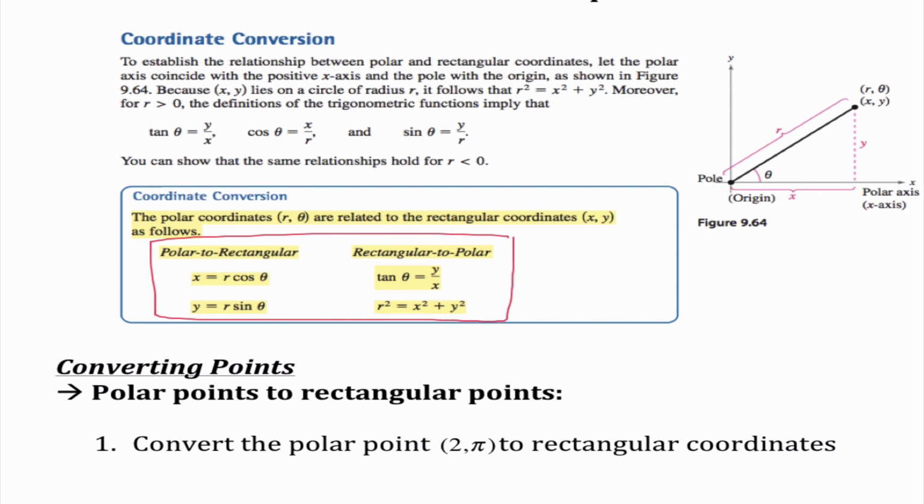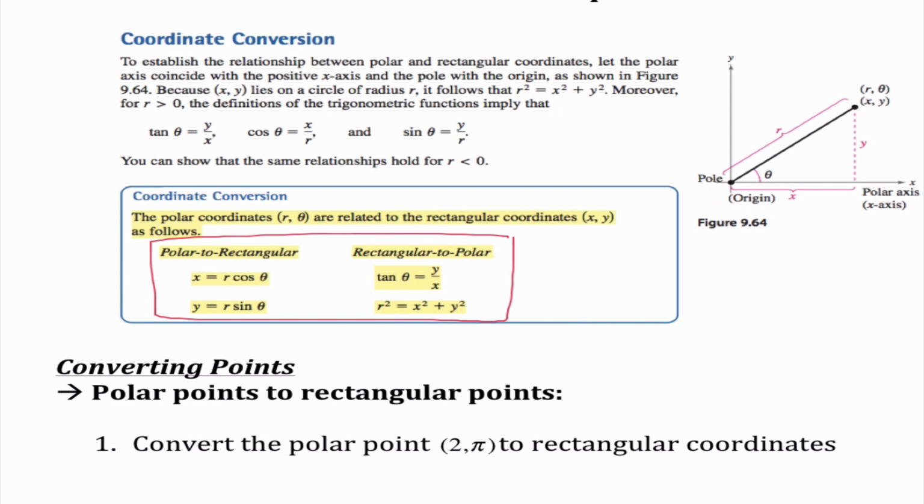To convert from polar to rectangular, so if I want it to be x or y, we use x equals r cosine theta. The reason being, we're using this trig ratio, and if I multiply both sides by r, I get x equals r cosine theta. So it all comes from this right triangle right here.